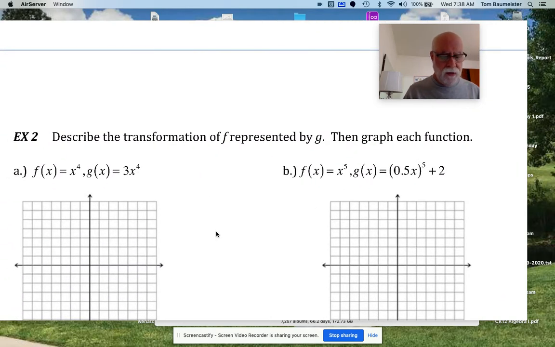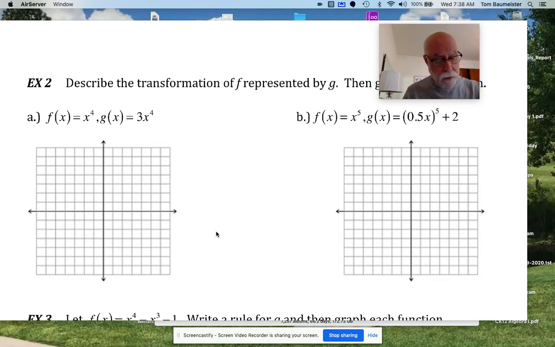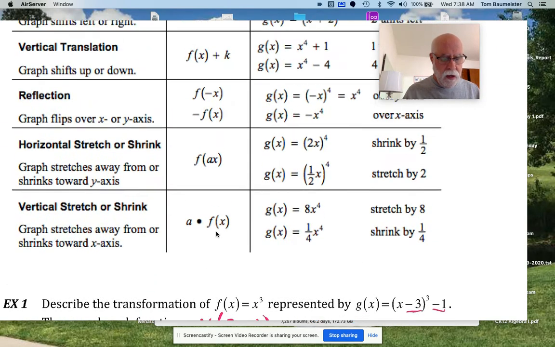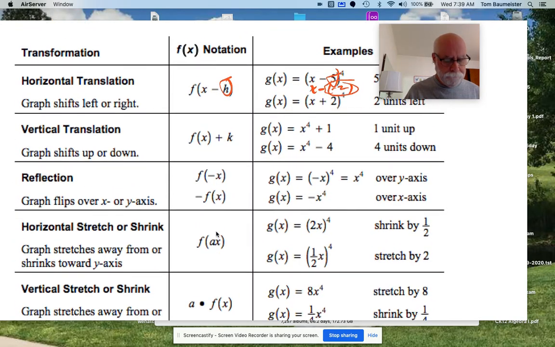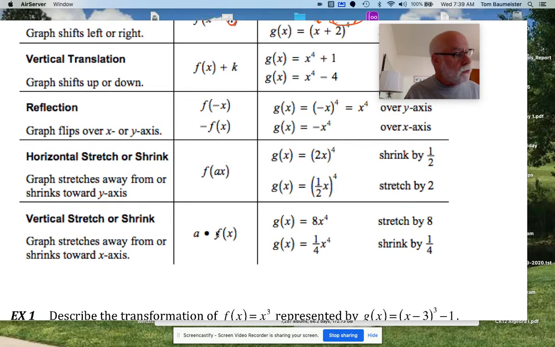Example 2: describe the transformation of f represented by g, then graph each function. So f of x is equal to x to the fourth, and g of x is equal to 3x to the fourth. If we look at it, it has the 3 on the outside.